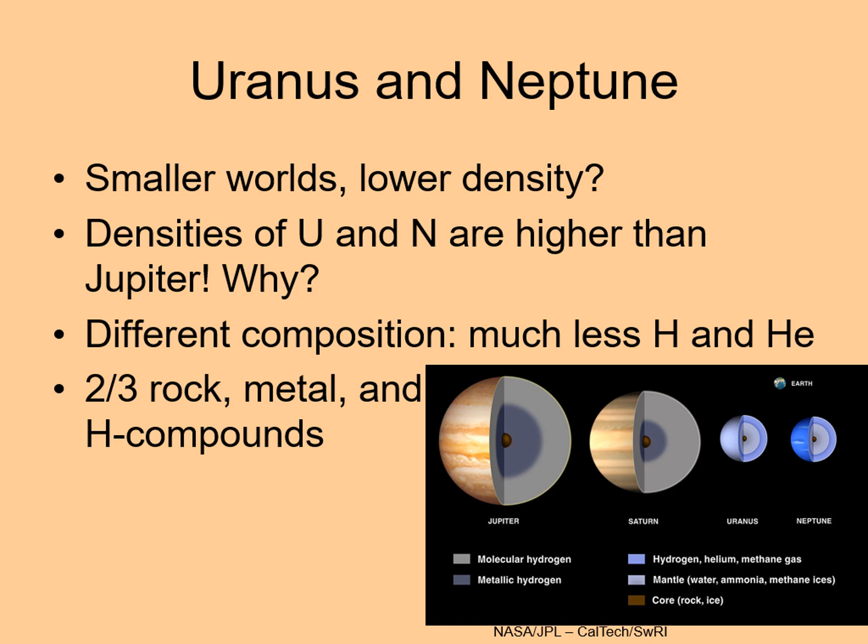Much of that denser material is a high-pressure mixture of water, ammonia, and methane. Methane is really natural gas, while a water and ammonia mixture is what we use as window cleaner. So you can think of these outer planets as being made of several Earth masses of high-pressure window cleaner scented with natural gas. Ew.